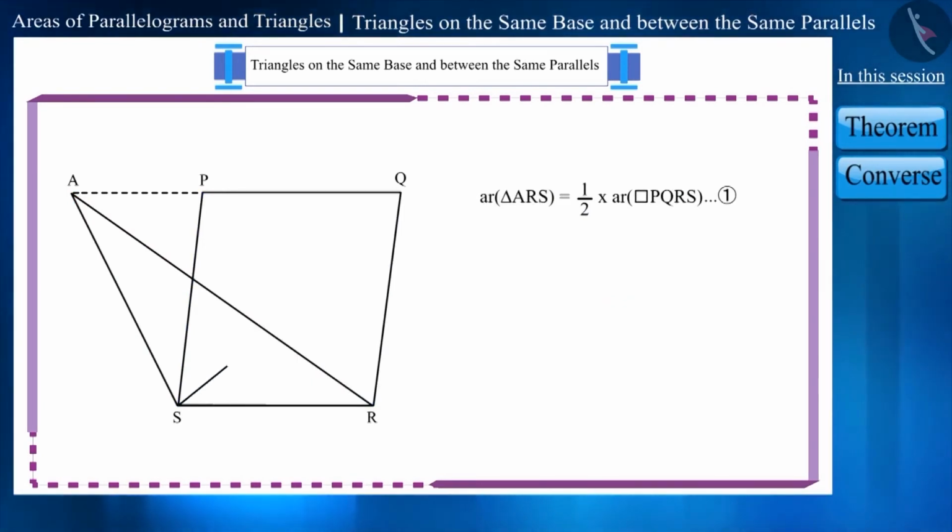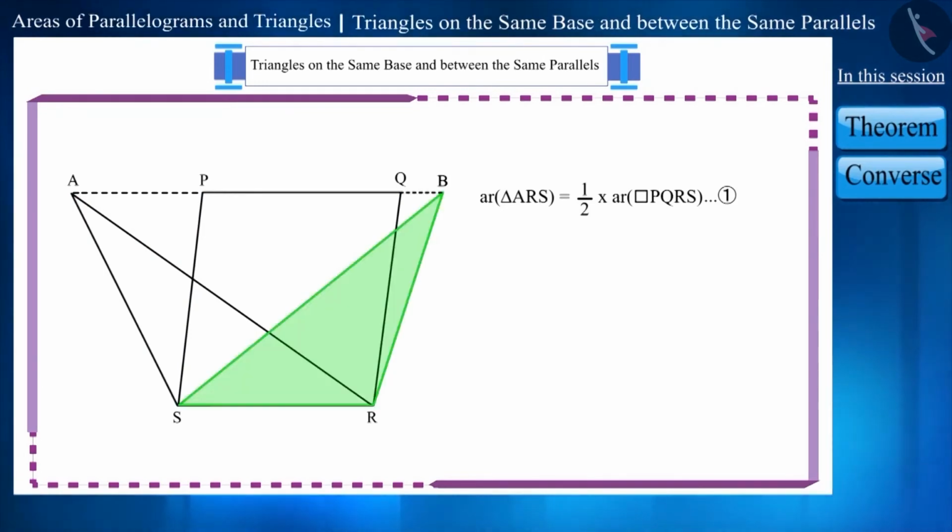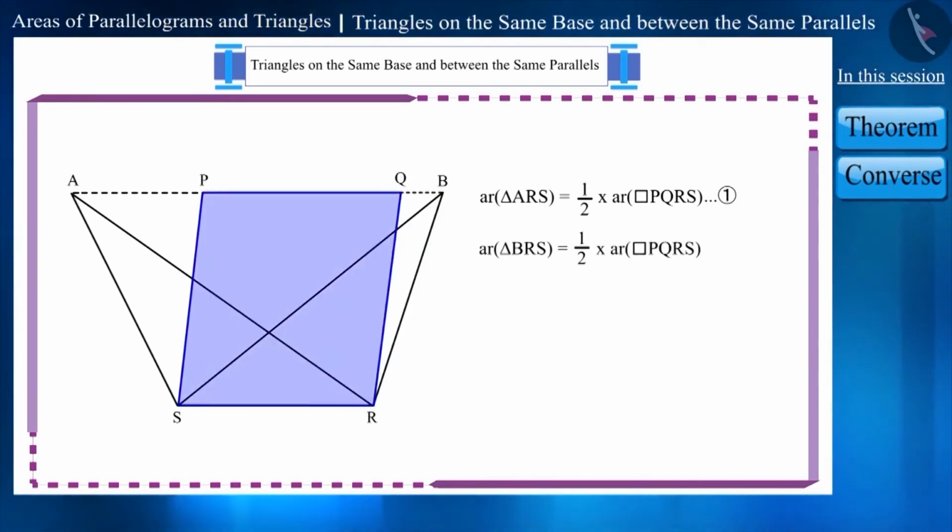If we construct another triangle here, triangle BRS, then can we say that area of triangle BRS is equal to 1 by 2 multiplied by area of parallelogram PQRS? Yes, because triangle BRS and parallelogram PQRS are situated on the same base and between the same parallel lines. Let's call this equation 2.